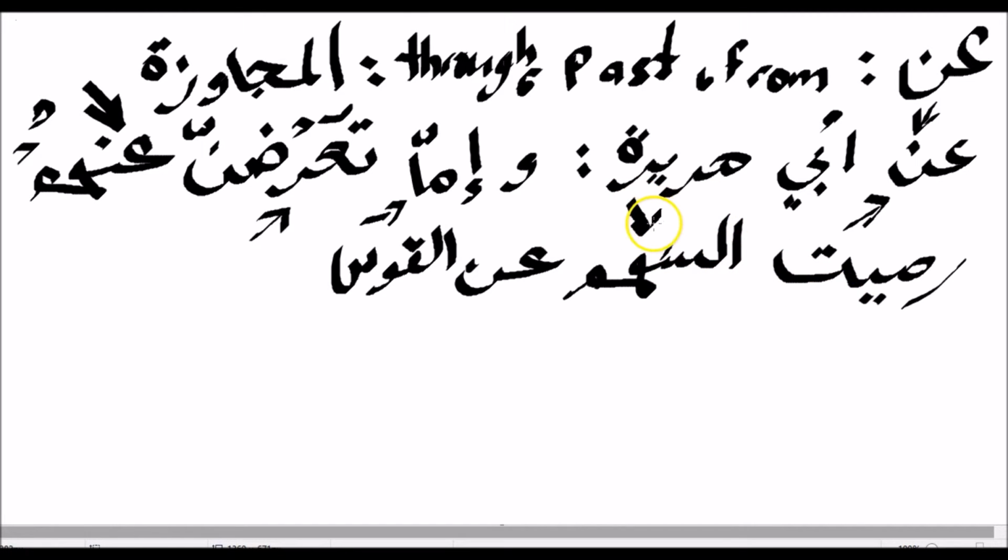It actually means I threw, but in this case it means I shot. السهم, the arrow. عن القوس, it means here from the bow, but it had to go through the bow in order to be propelled. So that's where an has the word al-mujawaza, which means through or past something.